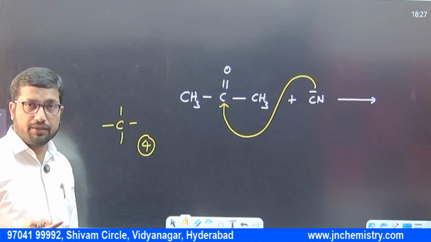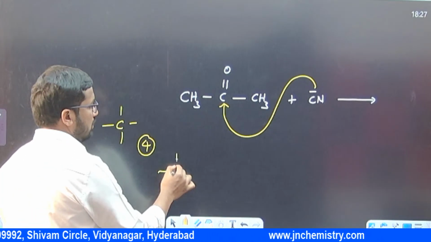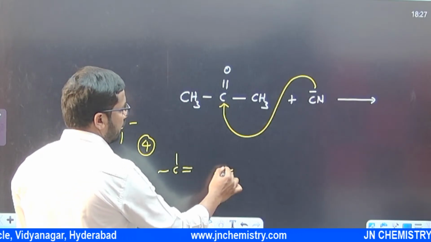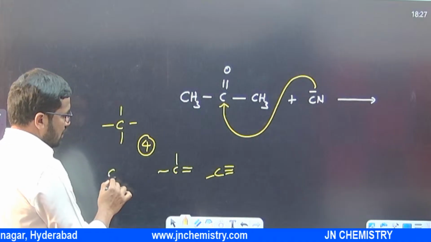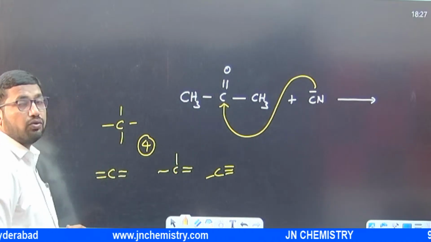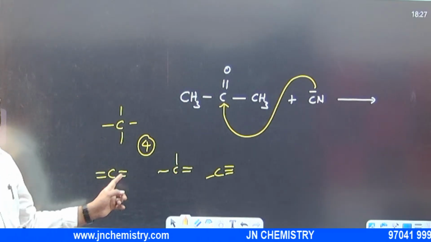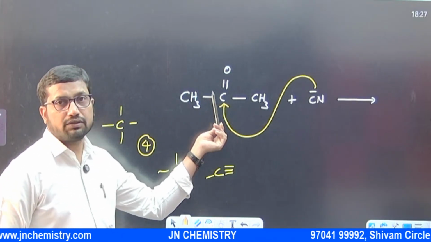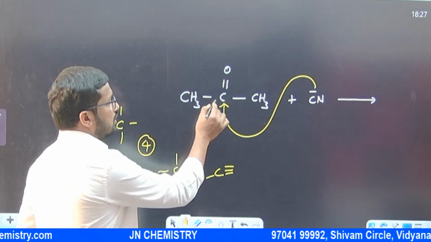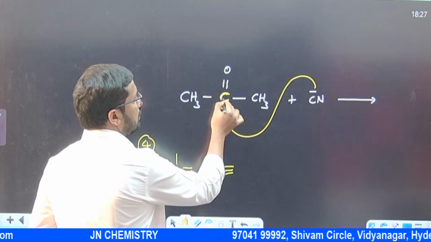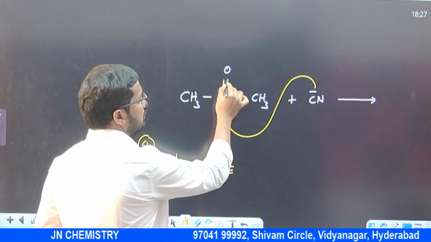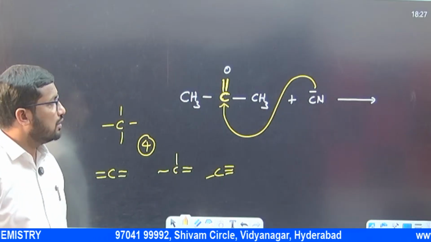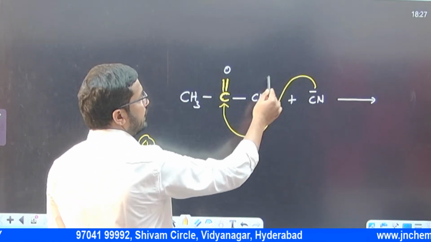Either all single bonds, or one double bond and 2 single bonds, or one triple bond and 1 single bond, or 2 double bonds. These possibilities are there, right? Now in this case, this carbon already has 4 bonds, right? So the nucleophile is coming and attacking over here.